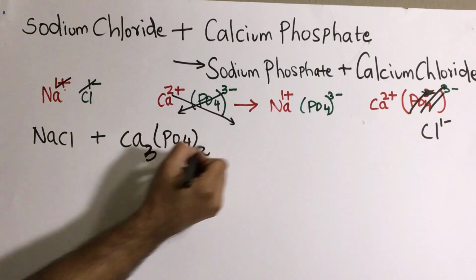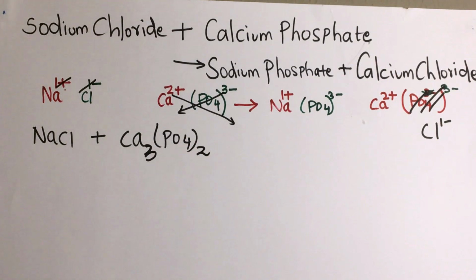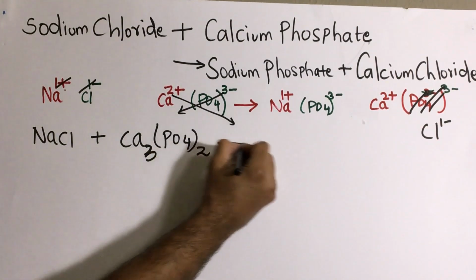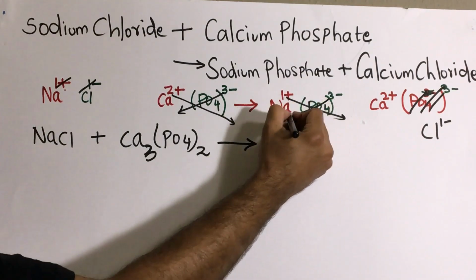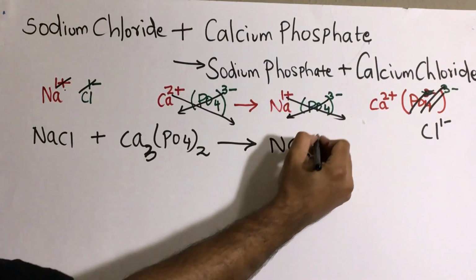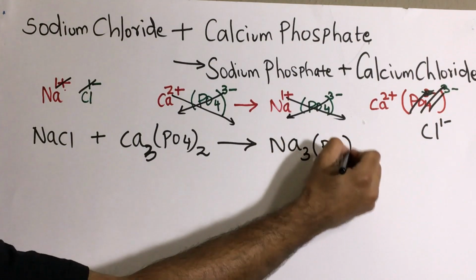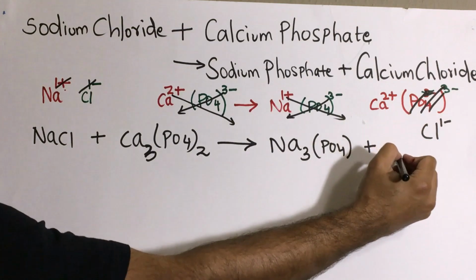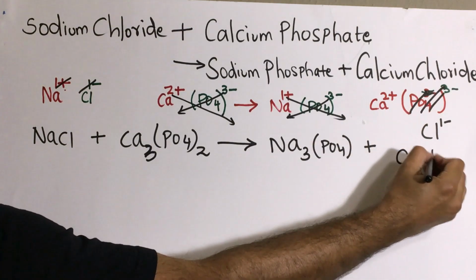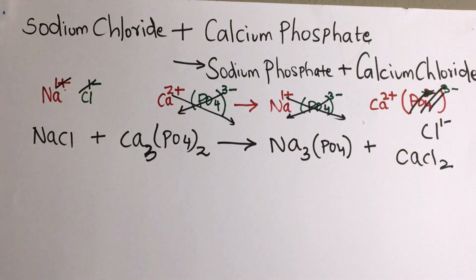Now this is why I told you it's critical you include the brackets. And then we have the 1 goes over here, the 3 comes over here, so it's Na3PO4. Keep the brackets. Plus the 2 comes over here, the 1 comes over here, so it'll be CaCl2. Now we have our chemical formulae.